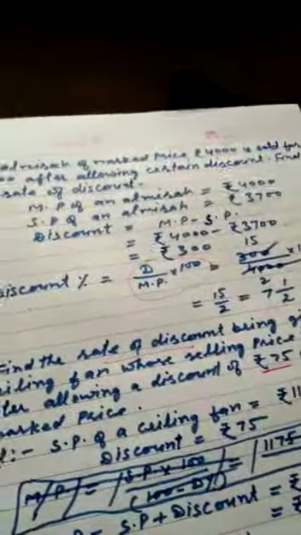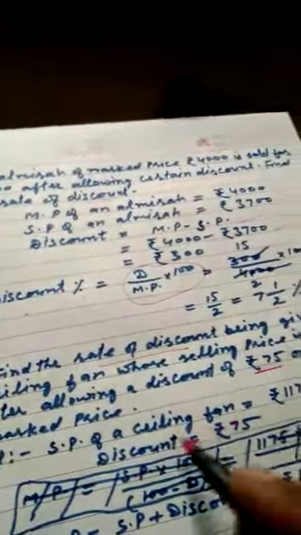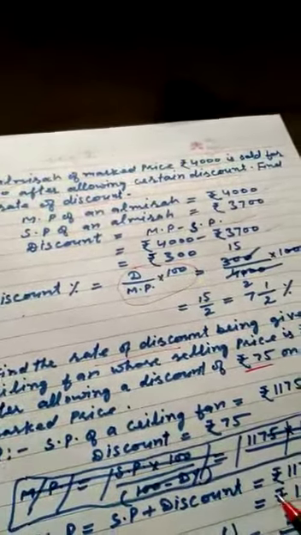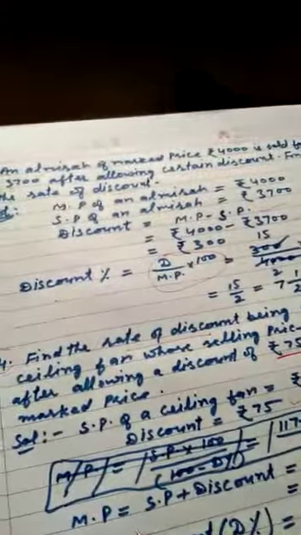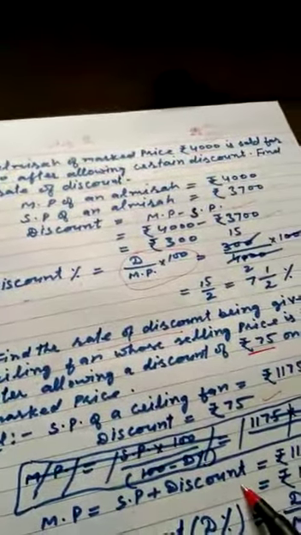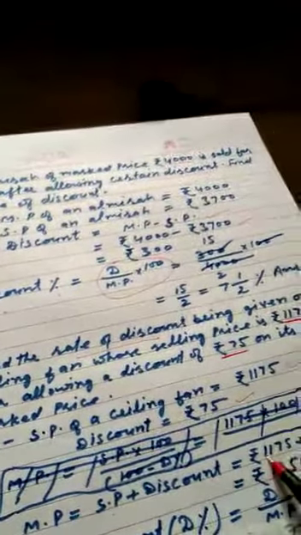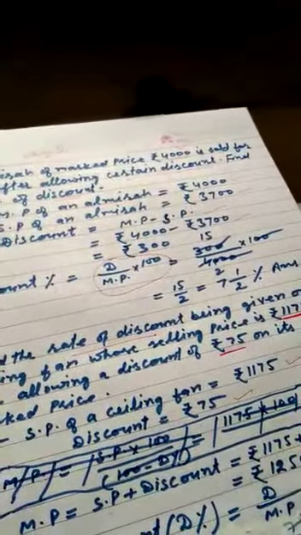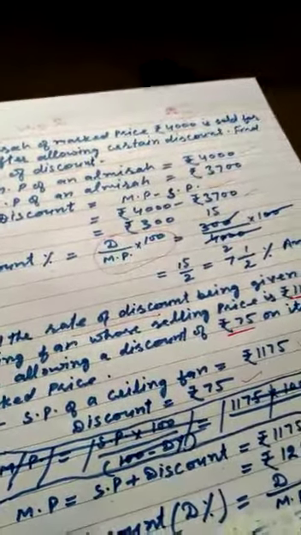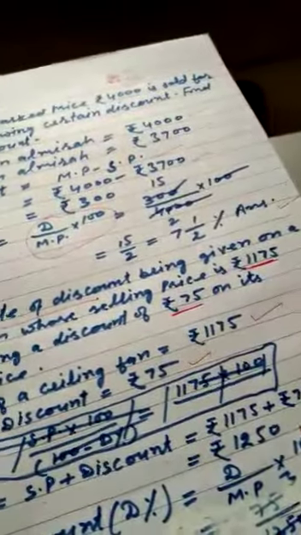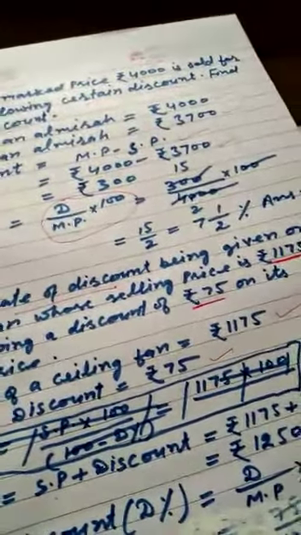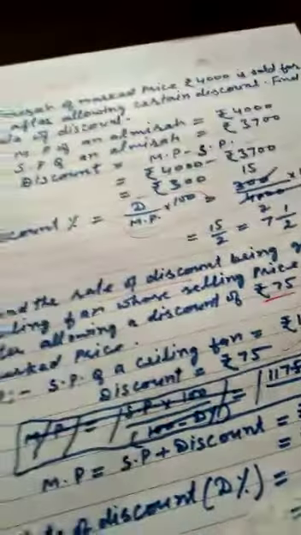Now SP of the ceiling fan is rupees 1175, discount rupees 75. MP is equal to SP plus discount, that is 1175 plus rupees 75. After adding we get rupees 1250.